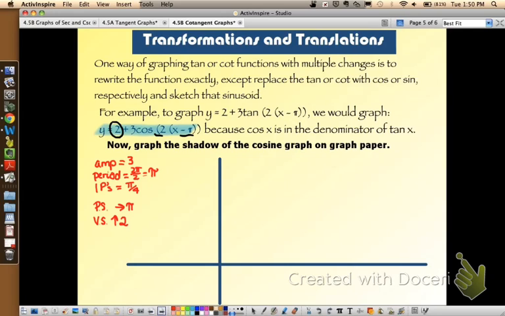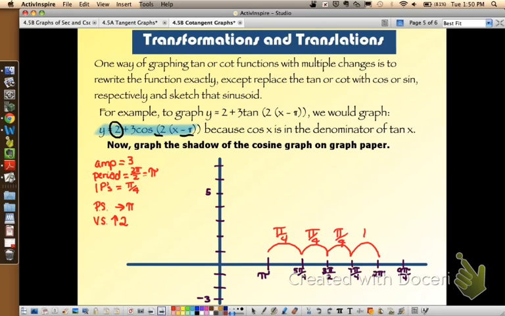So if we were to graph the cosine curve, it would look a little bit like this. And again, those points that are being drawn right there, they have intervals of pi over 4. And the bar's been raised up 2 units.